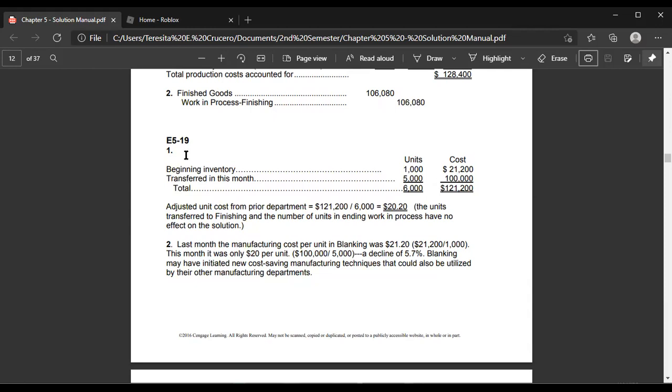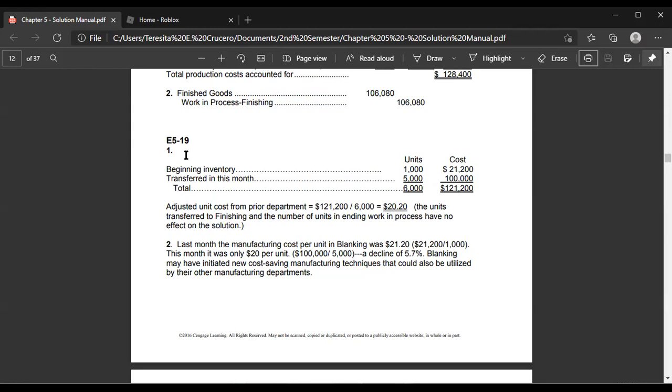So 121,200 divided by 6,000 units. The adjusted unit cost from prior department is $121,200 divided by 6,000 units. So you now get an average unit cost of $20.20. The units transferred to finishing and the number of units in ending work in process have no effect on this solution.